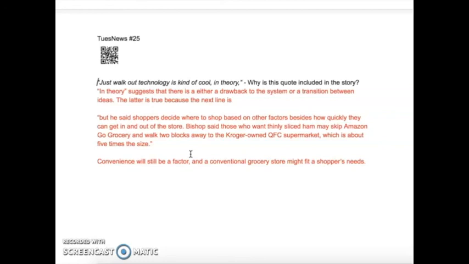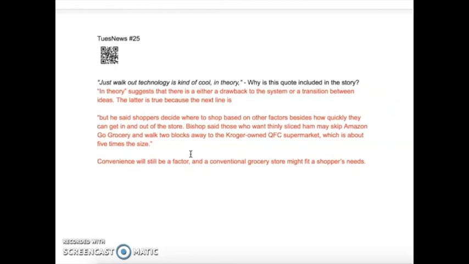Bishop said that those who want thinly sliced ham may skip the Amazon grocery, if you remember in the beginning of the story, because it said that they don't have a butcher or a baker or things like that. Like, it's just in packages. So they may skip the Amazon Go Grocery and walk 2 blocks away to the Kroger-owned QFC supermarket, which is about 5 times the size. So essentially, convenience will still be a factor, and a conventional grocery store might fit a shopper's needs.